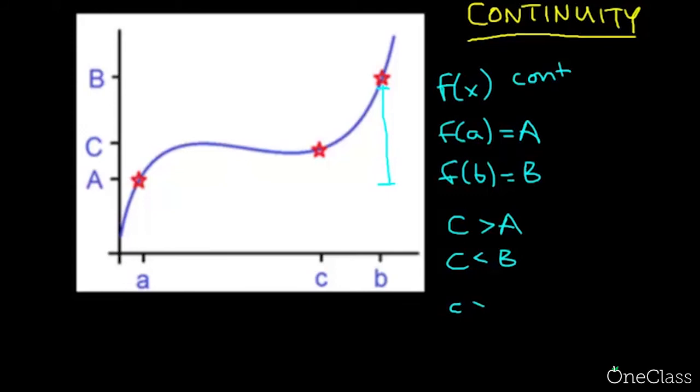So little c is greater than a, little c is less than b, and for that value, f of c is equal to c. In other words, if a function takes on two values, then it has to take on all of the values in between those two values at some point on the interval between the values of x.